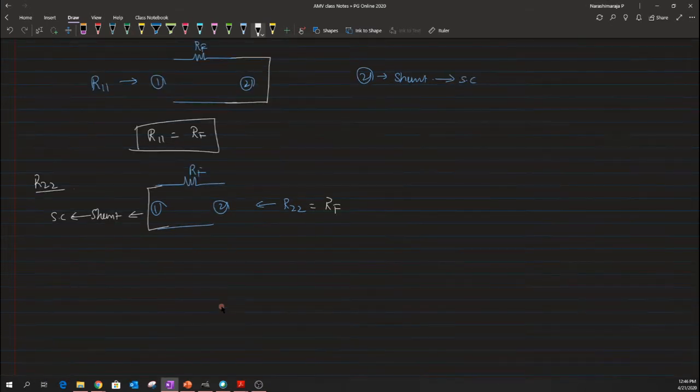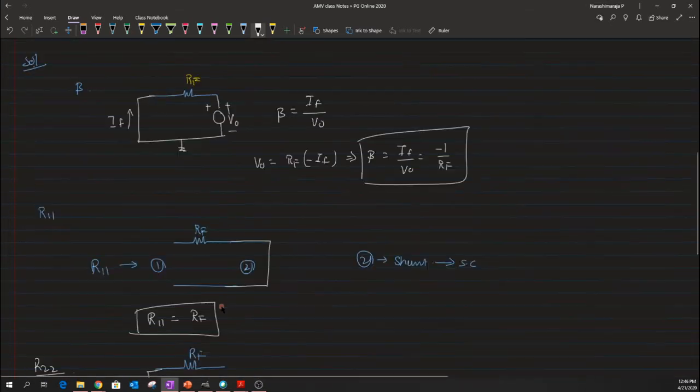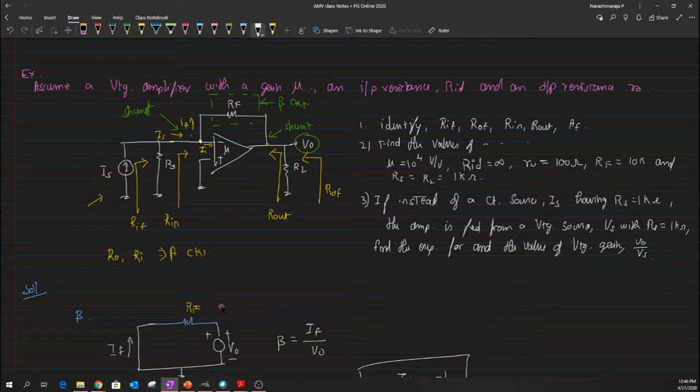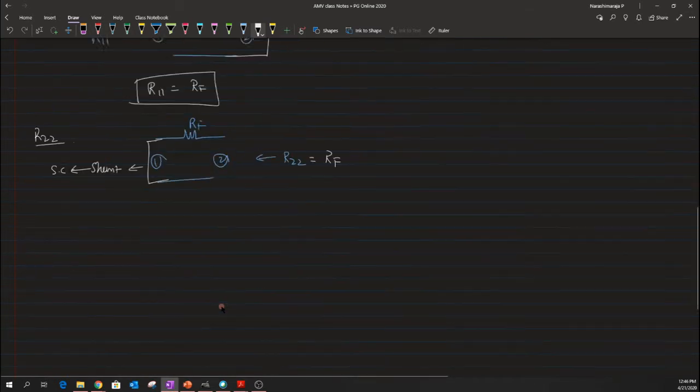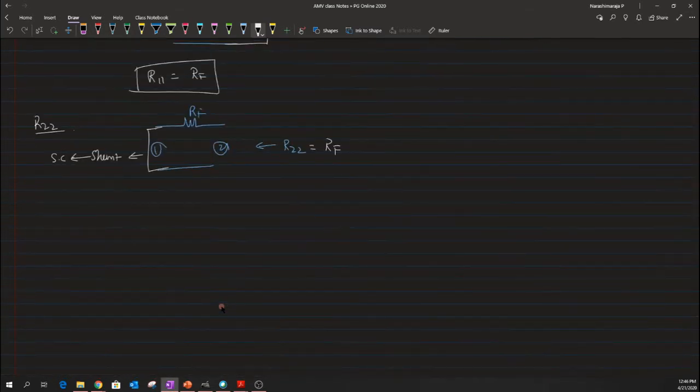Having got these impedances, let us try to draw the structure of the A circuit, which has to be derived from here and includes all these impedances: Rs and R11 towards the input, and Rf, that is RL, as well as R22.